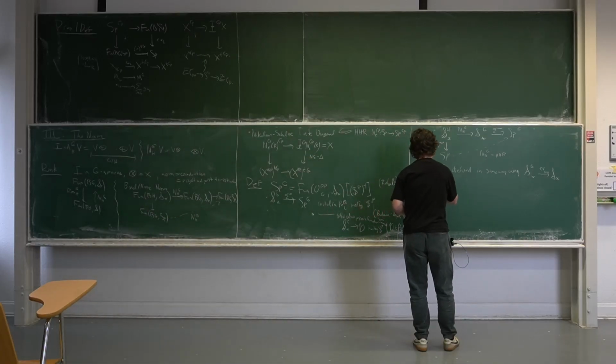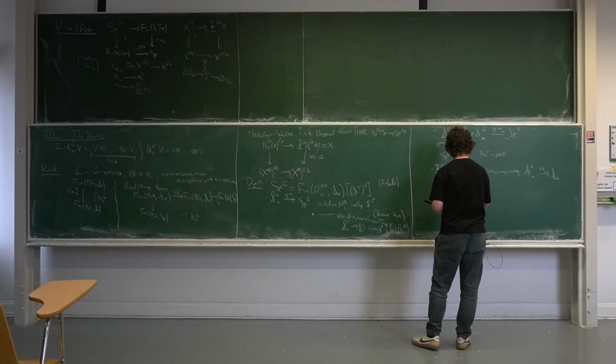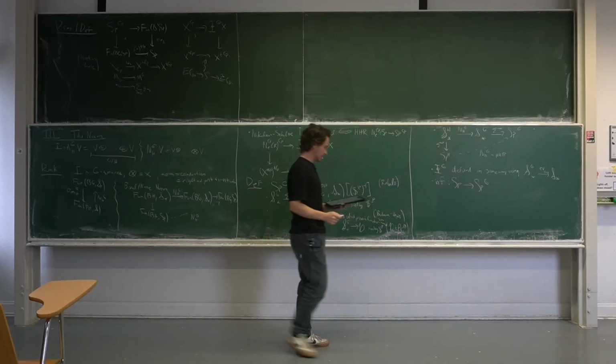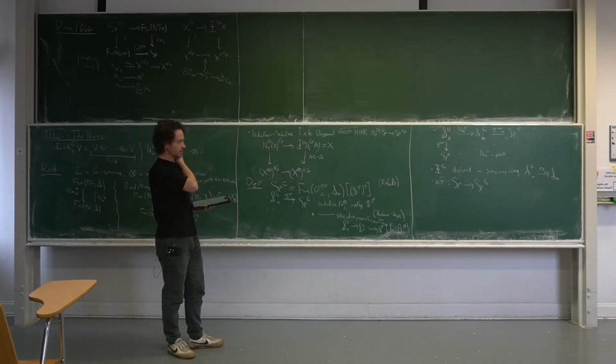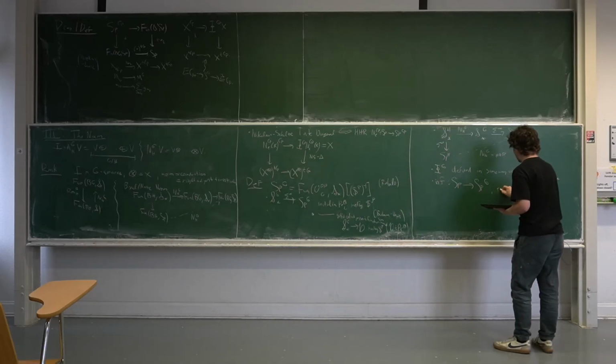Let me give you a couple more definitions. So first I want to define the inflation functor from spectra to G-spectra, and this is just the unique symmetric monoidal colimit preserving functor from spectra to G-spectra. And the reason I want to define that is so that I can define its right adjoint.